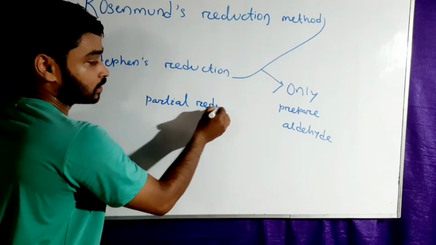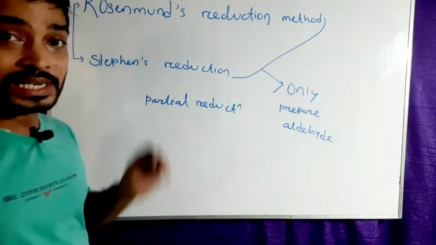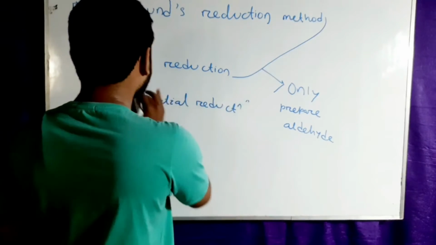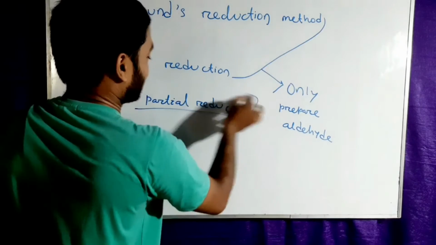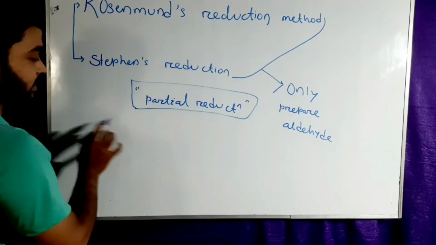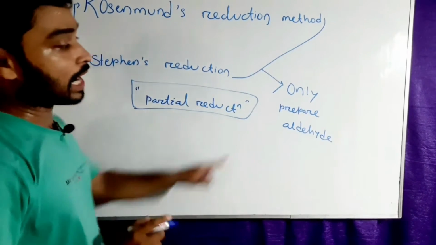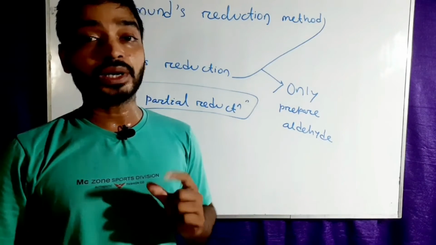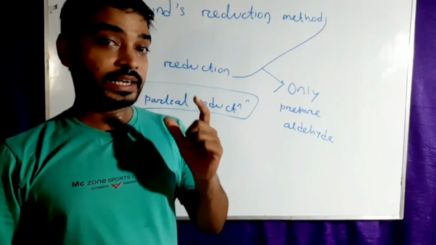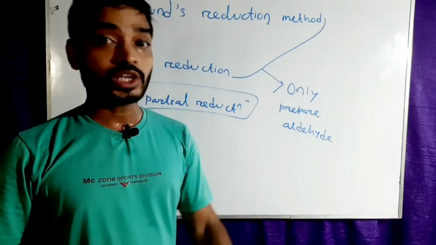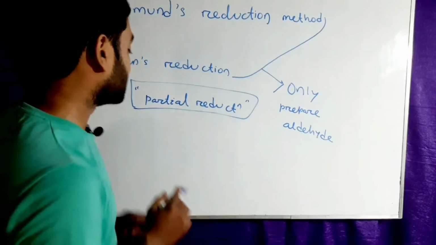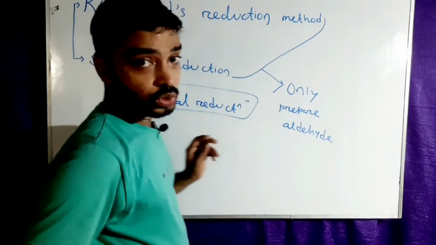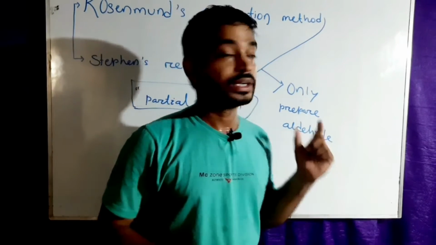These two processes are called partial reduction processes as the reactants, or the chemicals which will produce the aldehyde, do not undergo complete reduction, because on complete reduction, aldehyde always produces alcohol. Remember, these two methods will only result in the formation of aldehyde.